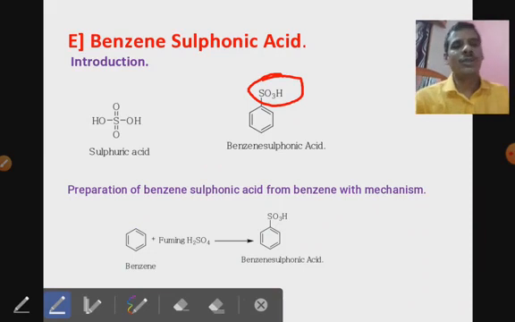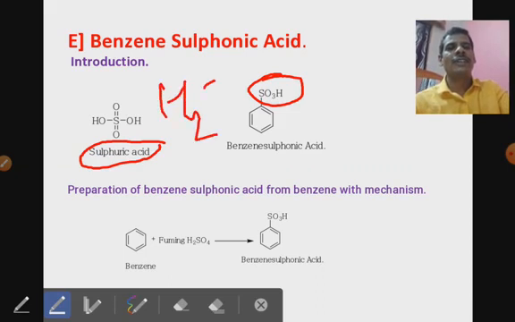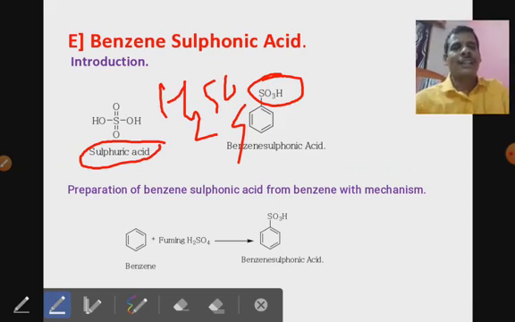We already know the molecular formula of sulfuric acid, H2SO4. Sulfur is the central atom and all four oxygens are directly attached to the sulfur atom, and the two hydrogens are again attached to oxygen atoms.